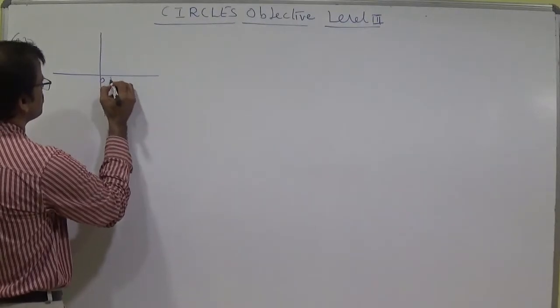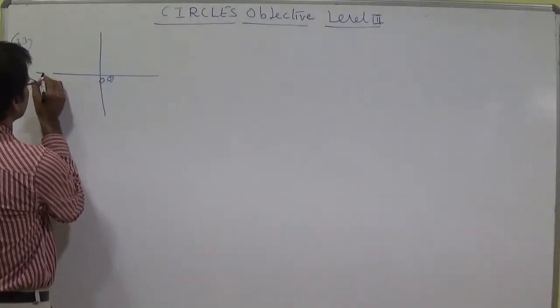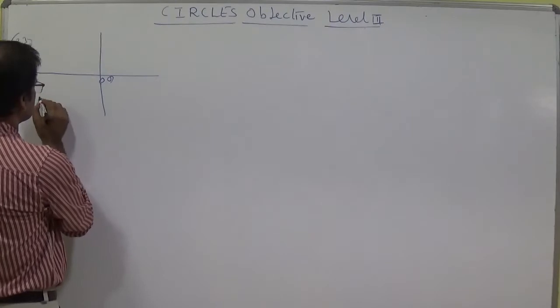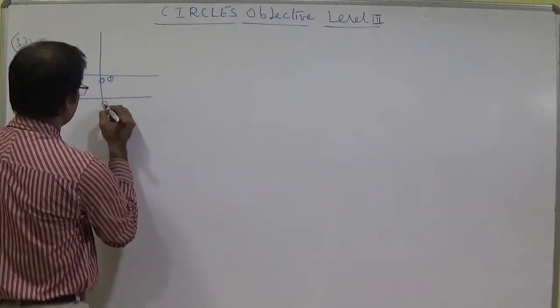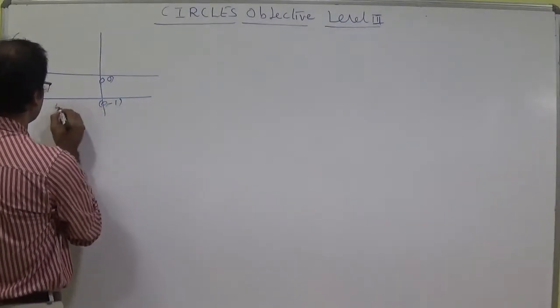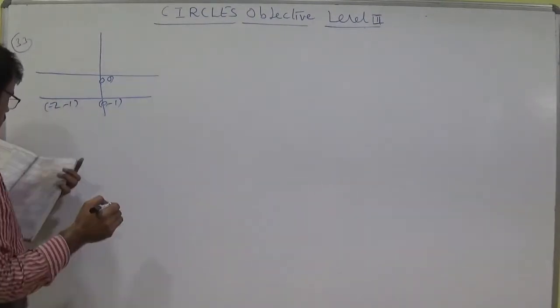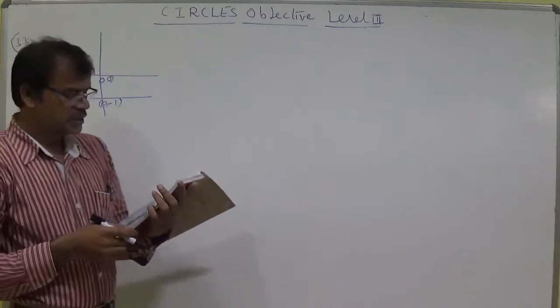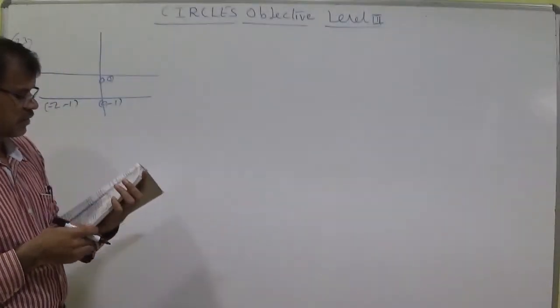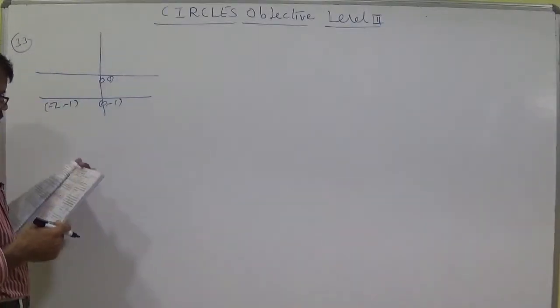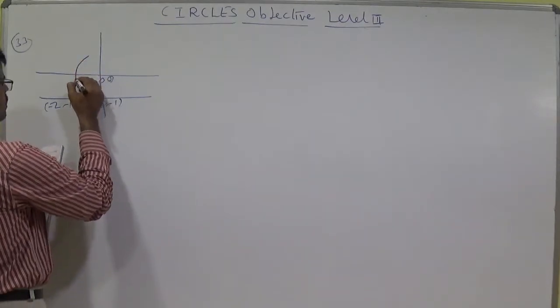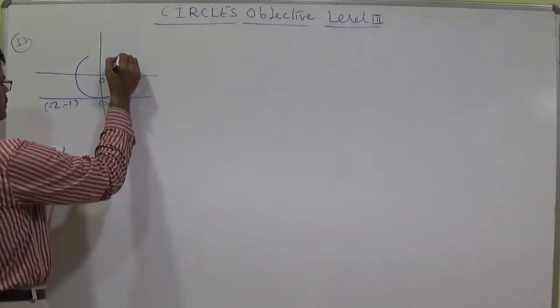Put here 0, 0. He is discussing with us the point 0, minus 1 he has given, and minus 2, minus 1 also he has given. The equation of the circle x square plus y square is equal to 1, which means center 0, 0, and the circle passes through 0, minus 1. Draw it like this.